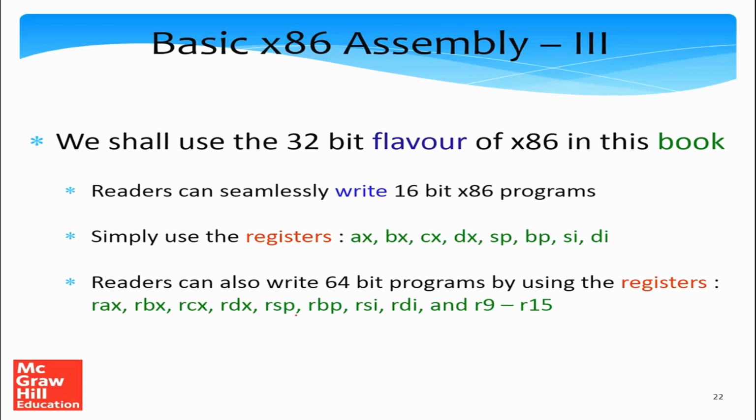When that arises, I'll tell you what needs to be done to write the 16-bit or the 64-bit variants of those instructions. But in general, converting a program between any of the three flavors, 16-bit, 32-bit and 64-bit, is easy. Only the register names have to be changed.